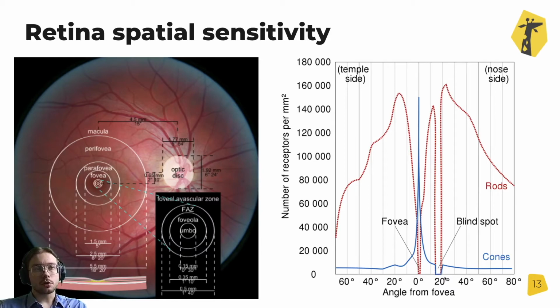Both cones and rods have zeros at the blind spot, which is about 12 degrees from the fovea. And this is how our human eye is functioning with these types of cells.